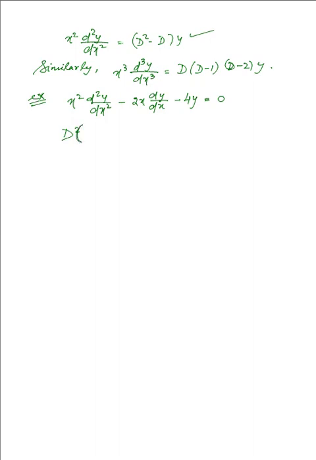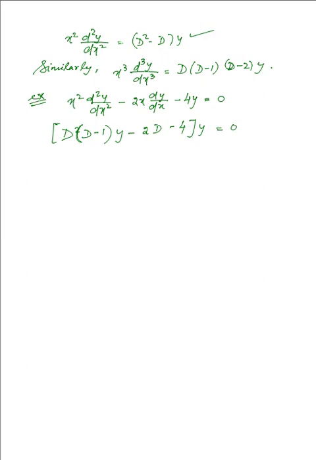So we'll write it like that: d times of d minus 1 acting on y minus 2 times of the second term is again of the form x times of dy by dx will be simply d, and finally the last term being 4 only, and all of that is acting on y with the right hand side being 0.